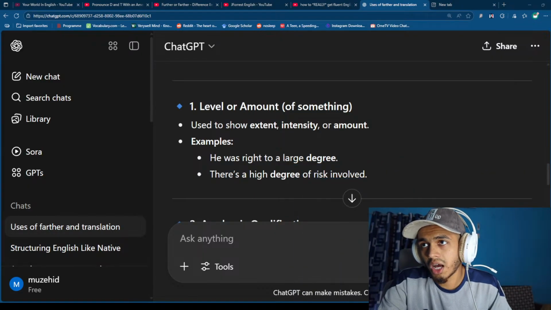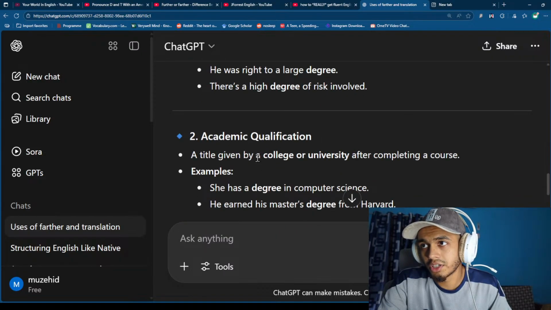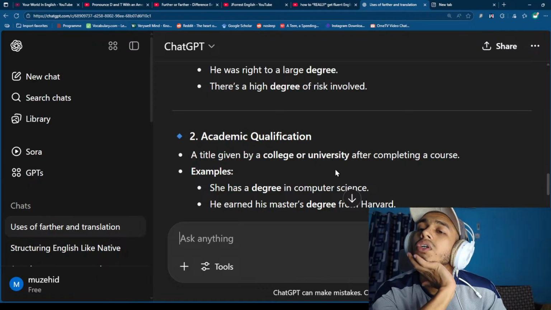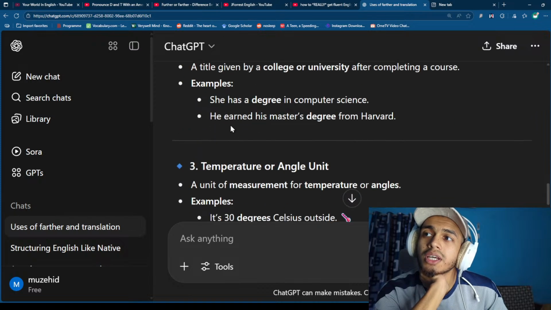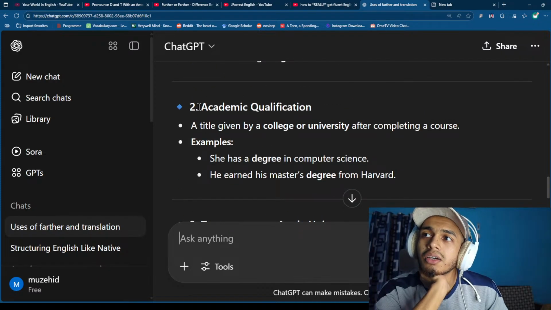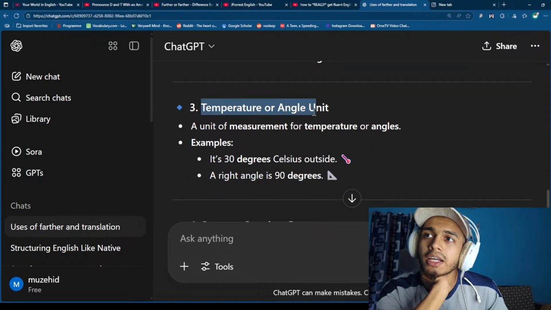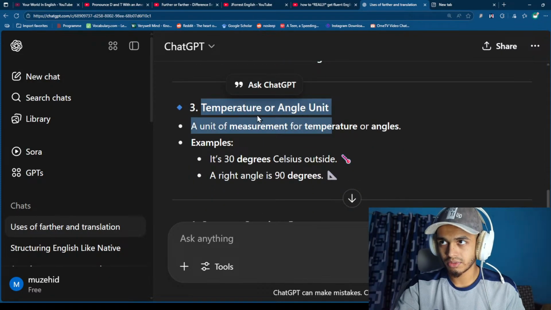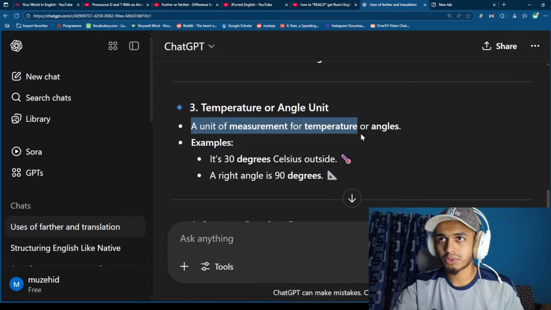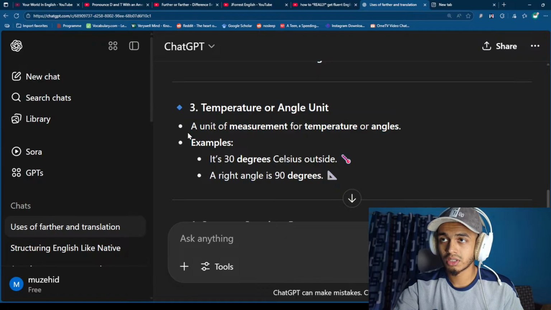There is a high degree of risk involved. Academic qualification, a title given by a college or university after completing a course. Example: she has a degree in computer science. He earned his master's degree from Harvard. I only know about this meaning. Temperature or angle unit: a unit of measurement for temperature or angles.